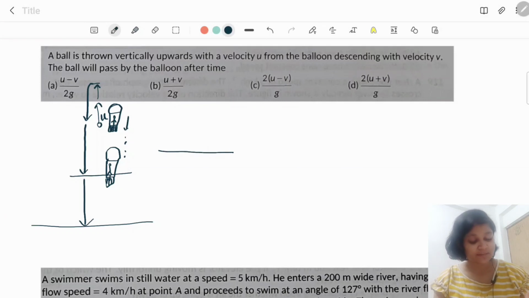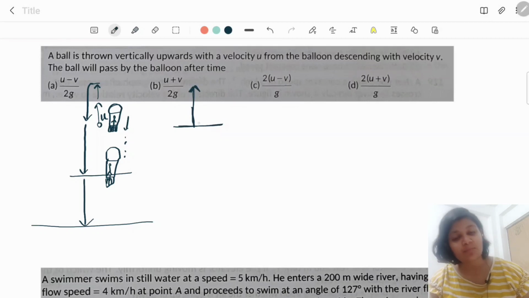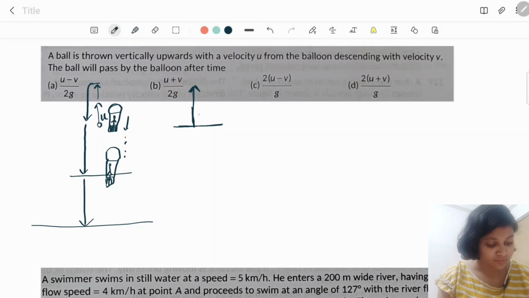So I had told you, in dimensional analysis we solve the problem. For the moment let me consider we have thrown a ball upward from the ground. So from here I have thrown a ball upward with the velocity of u.